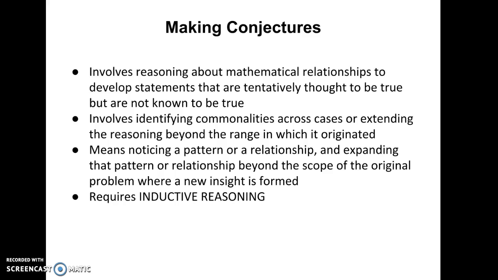Inductive reasoning requires being able to identify commonalities, being able to say, hey, I notice these things, I see this pattern or this relationship, and I'm going to expand that pattern or relationship to make this conjecture. This kind of reasoning is called inductive reasoning.